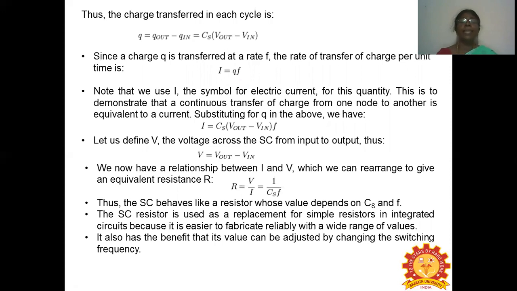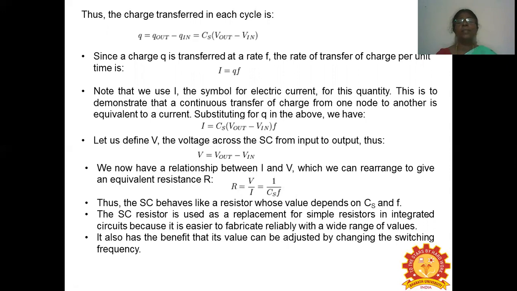The charge transferred in each cycle is represented by Q equals Q out minus Q in, which equals Cs times the difference between the output voltage and input voltage.